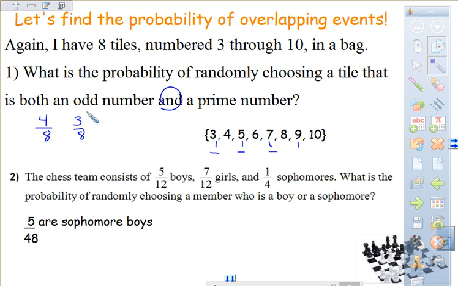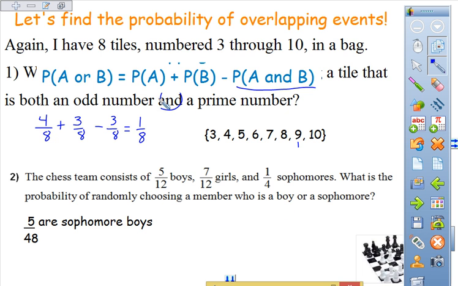So this is an and, so we want to add them. But now we have to subtract out the overlap. So are there any numbers that are odd and prime? Well, it looks like we counted the 3 twice, we counted the 5 twice, and we counted the 7 twice. So we have to subtract 3/8. So it looks like this is going to be 1/8.